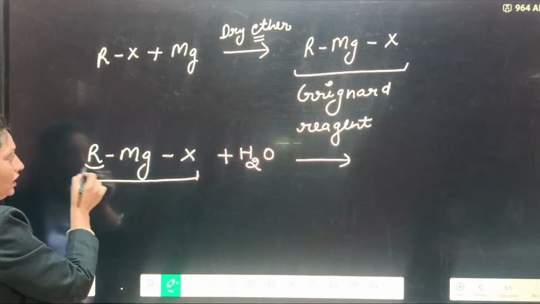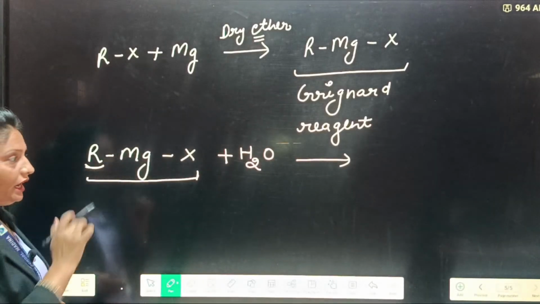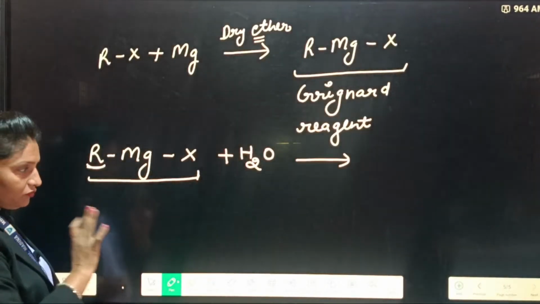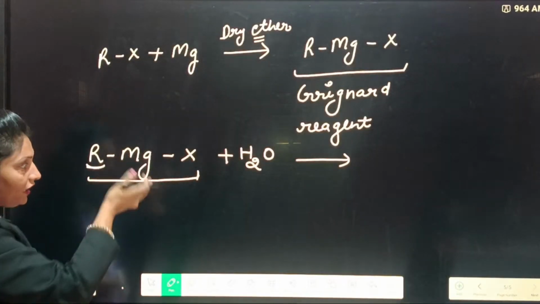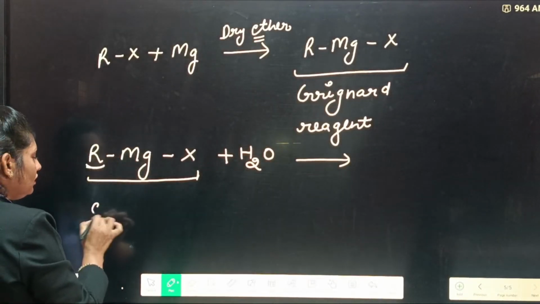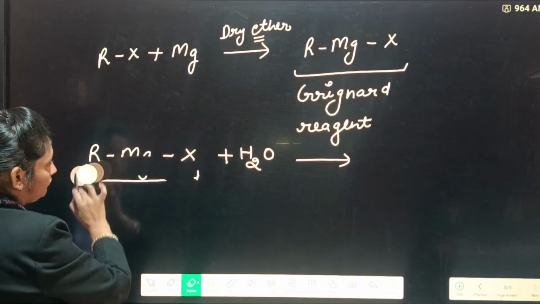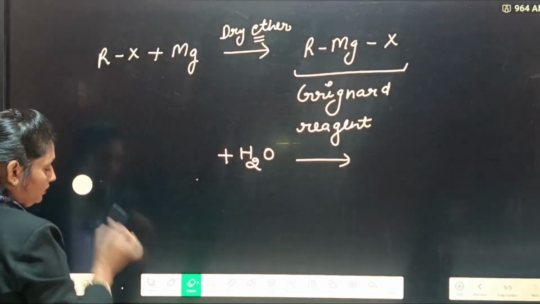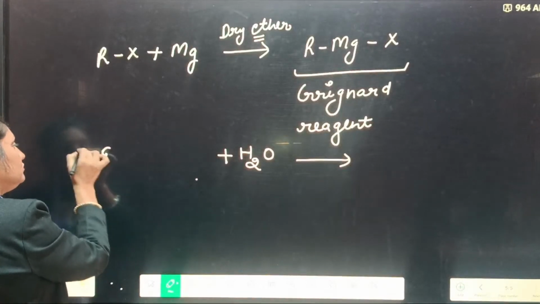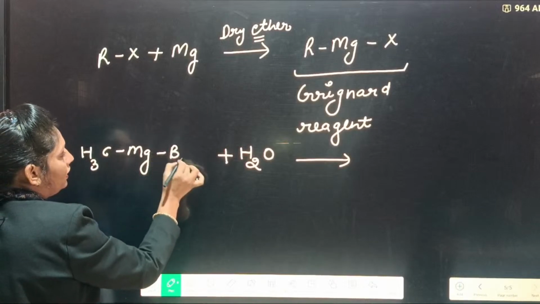Very simple to write the product. In RMgX, the R group means it is forming a bond with carbon, and carbon is less electropositive as compared to the metal. I am writing CH3MgBr, the Grignard reagent.